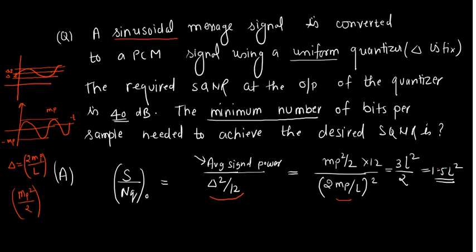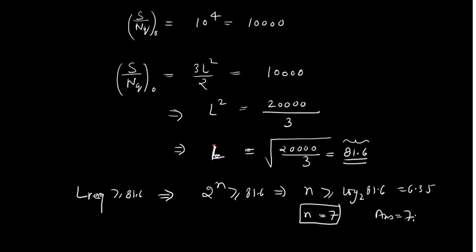You can simply see that SQNR is directly proportional to L square. Since we require 40 dB, and 10 times log in linear scale is 40, the SNR is 10 to the power 4, that is 10,000. So 3L square by 2 is nothing but 10,000.